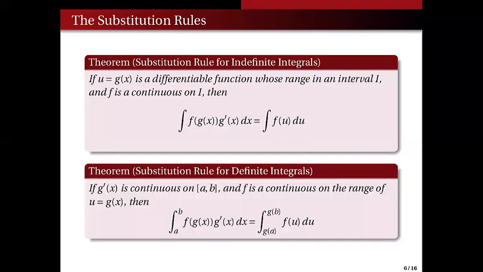And for the definite integral, if g prime of x is continuous on the closed interval [a, b], and f is continuous on the range of u equals g of x, then the integral of f of g of x times g prime of x dx from a to b is the same as the integral of f of u du, but this time the lower limit of integration is g of a, and the upper limit is g of b.